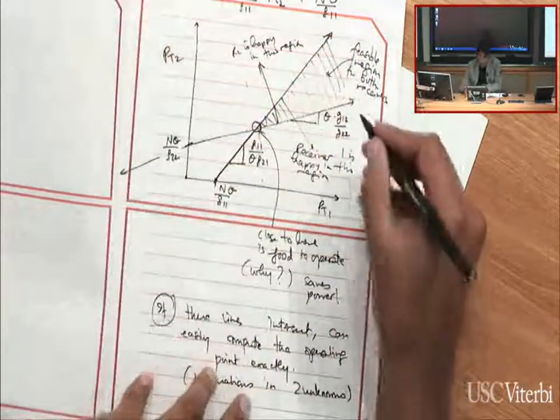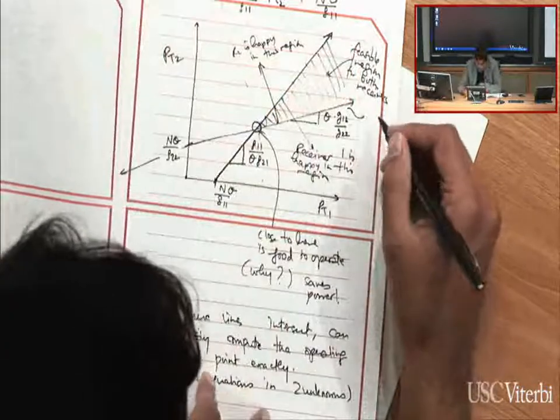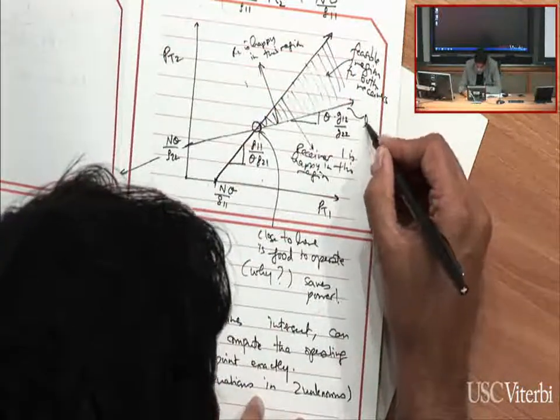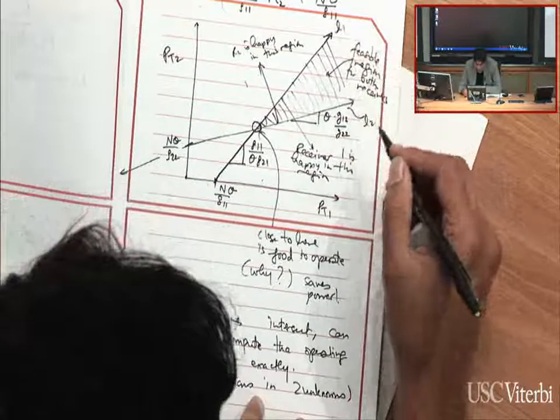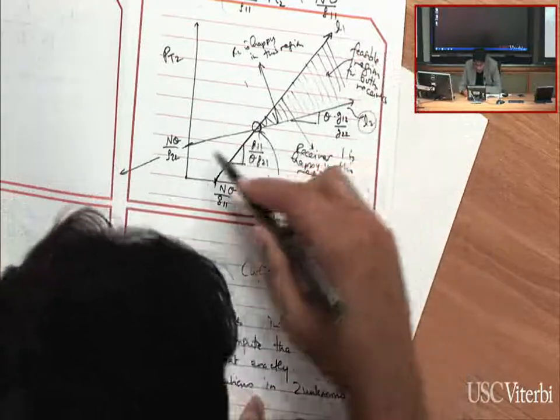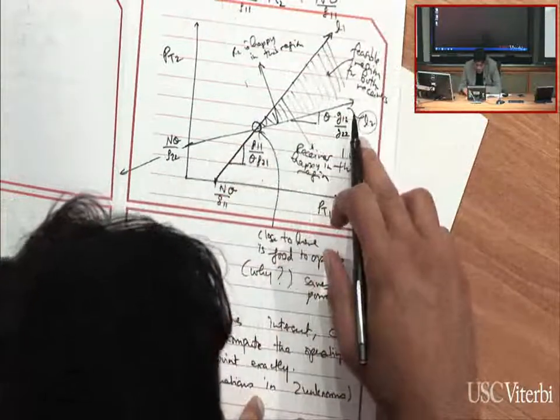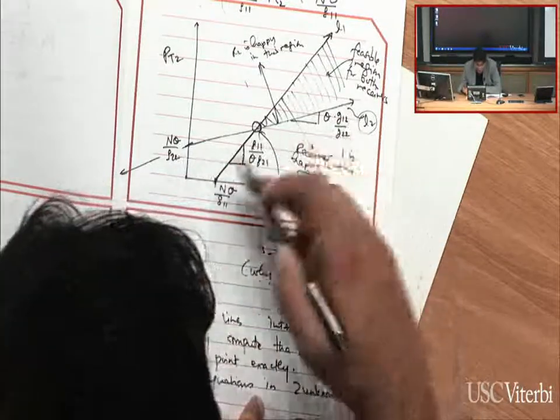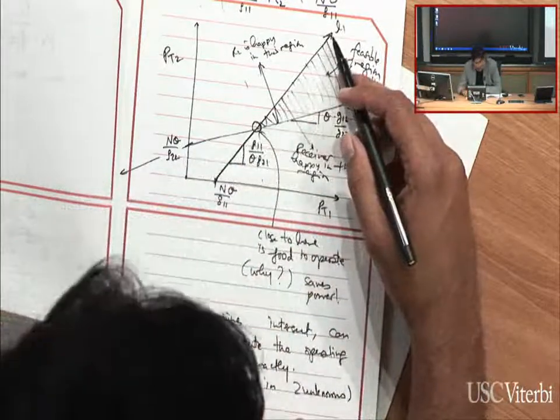So basically, let's give these lines a label. Let's call this L2 and L1. L2 is the line for the second receiver to be happy. L1 is the line for the first to be happy.